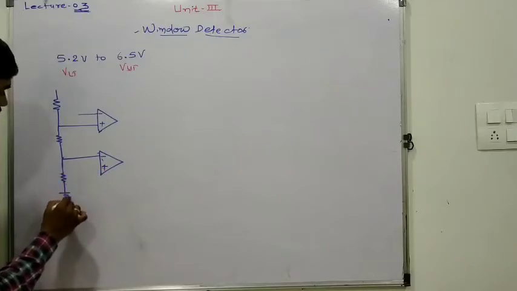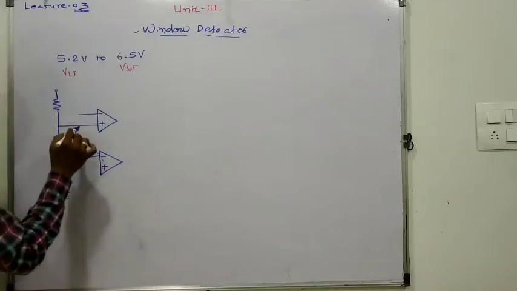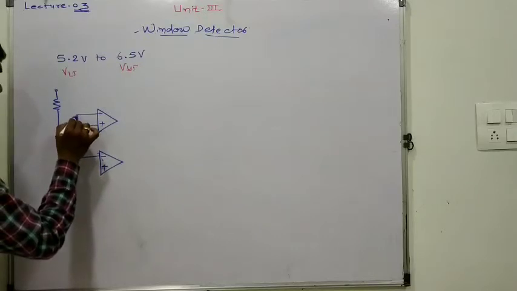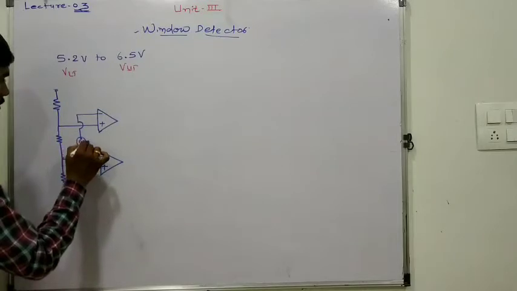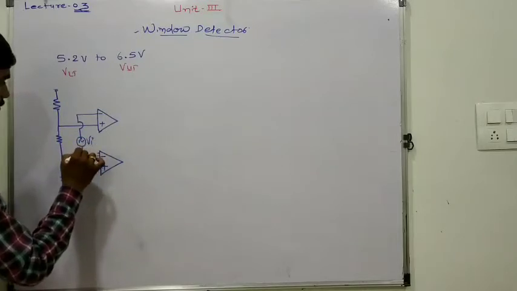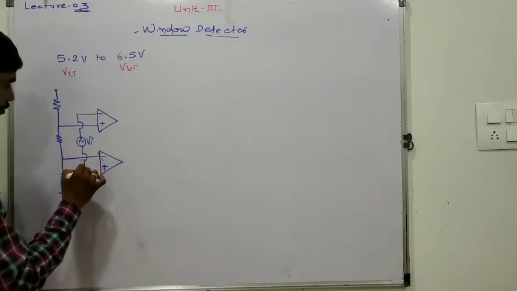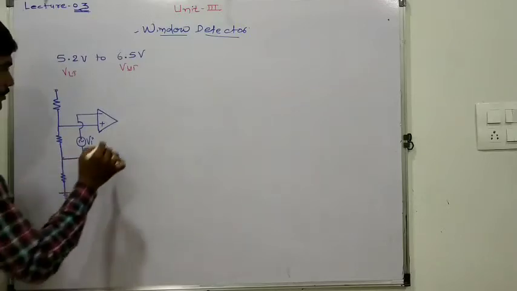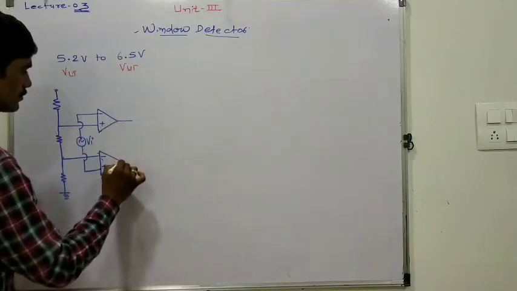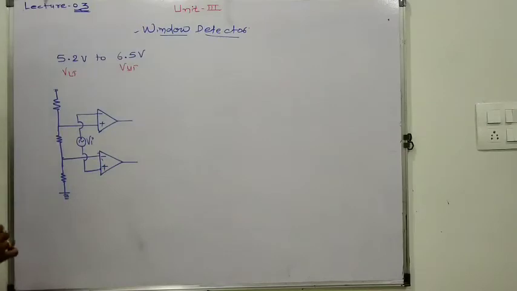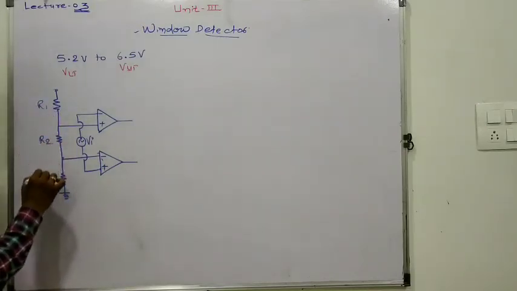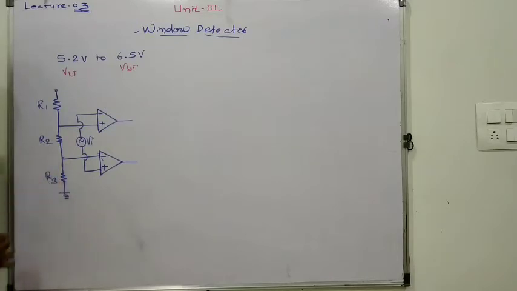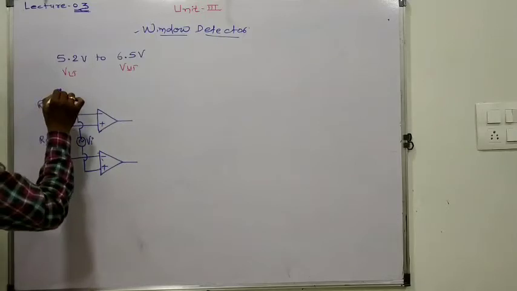By using this resistor divider circuit, we have to design this, this is nothing but a VI. So this is R1, this is R2, and this is R3. And the voltage that is provided at this point is nothing but plus VCC.